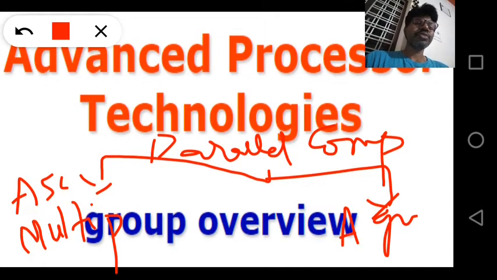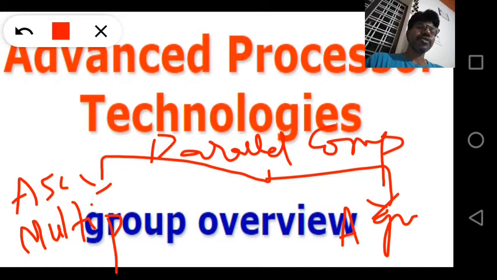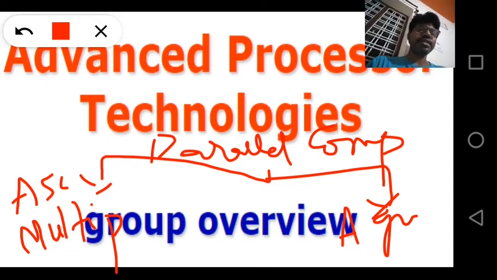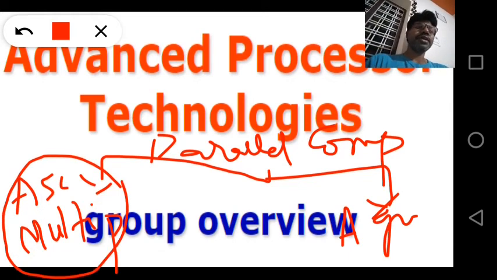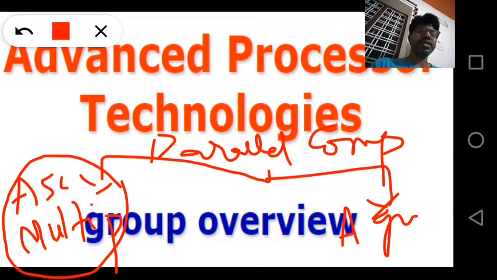Parallel computing implemented in a group of computers is known as grid computing or cloud computing, and it is beyond the scope of our syllabus. Let's restrict our discussion to parallel computing implemented using a single computer having multiple processors.